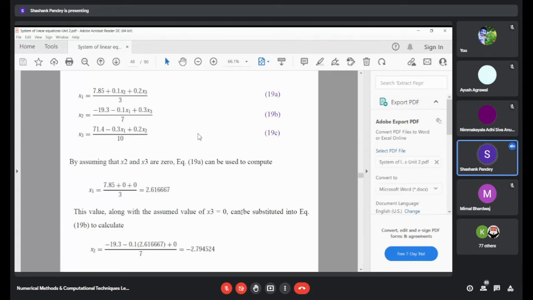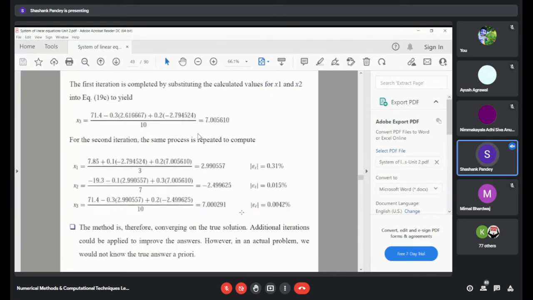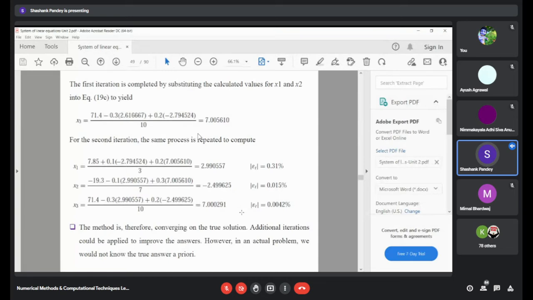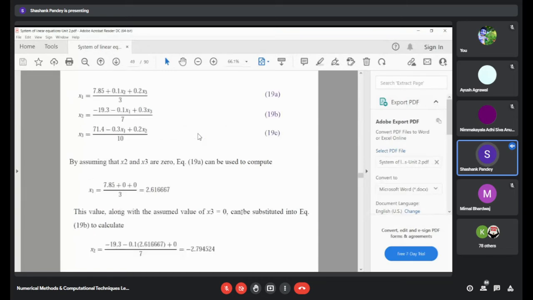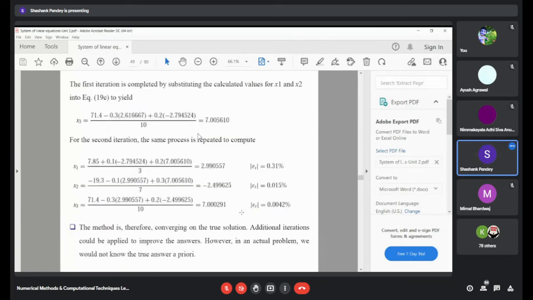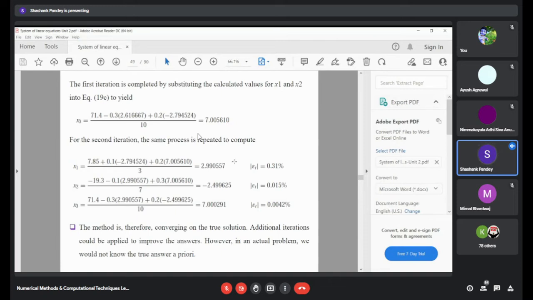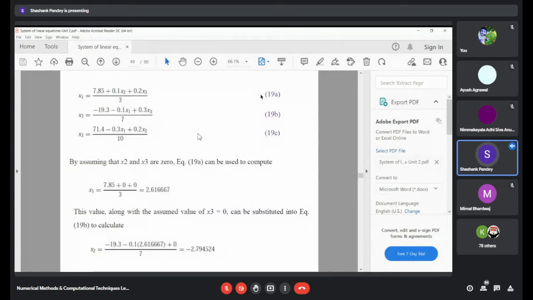In equation 19b we will substitute the values of x1 as well as x3 and get the value of x2, and similarly we will substitute the values of x1 and x2 in equation 19c and get the value of x3. Once we get the values of x1, x2, and x3, we substitute them back in equations 19a, 19b, and 19c.